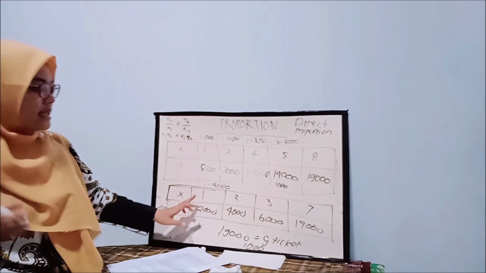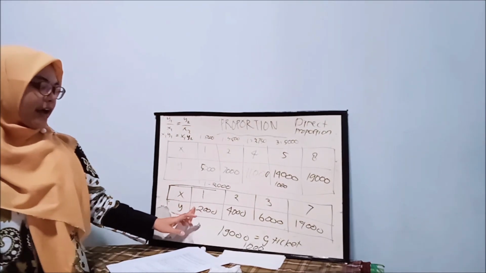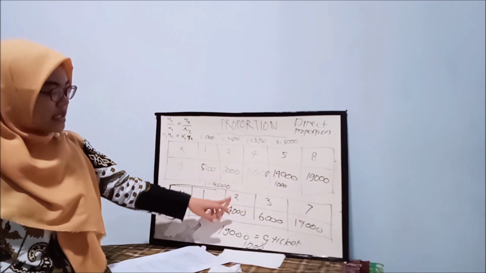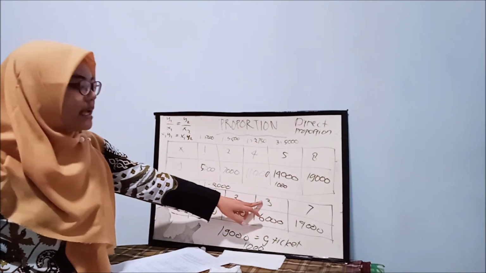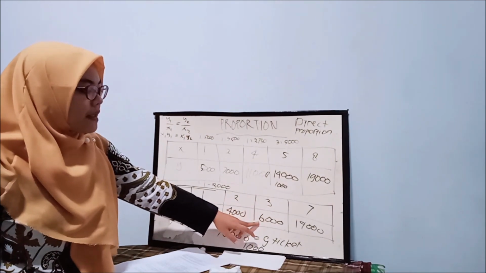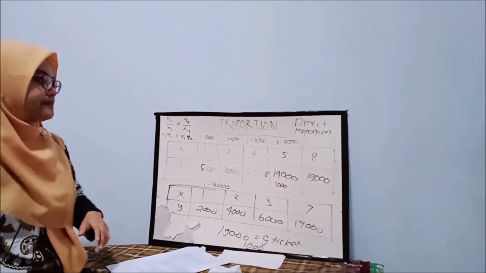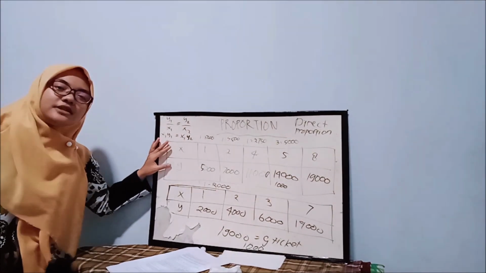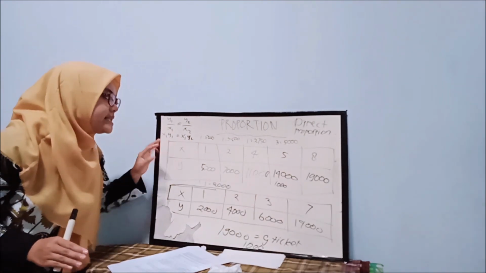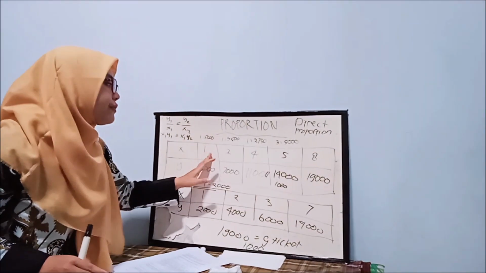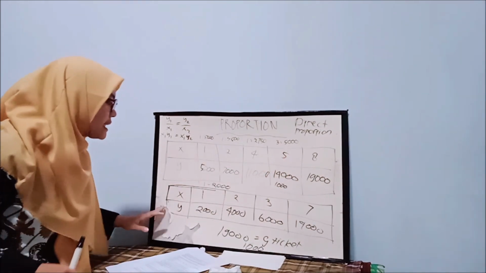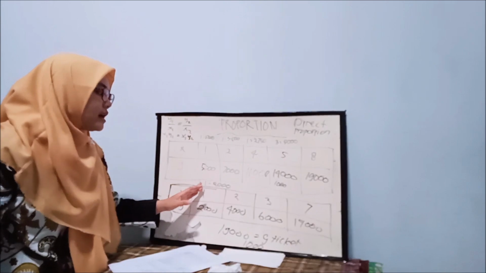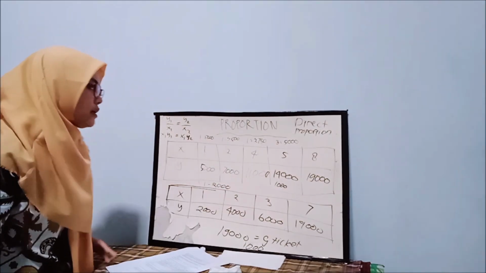For one ticket, Andy paid 2,000, for two tickets 4,000, and three tickets 6,000, and so on. With the third group, we have a different ratio for each part, but the first group has the same ratio.